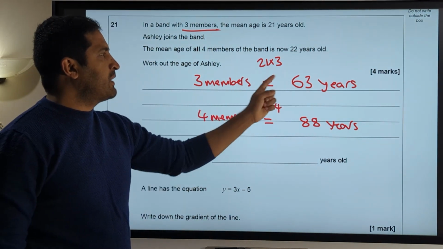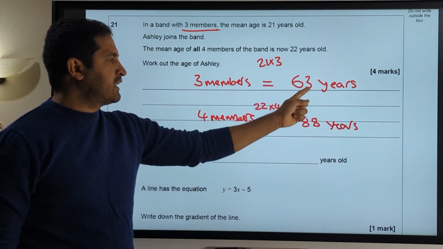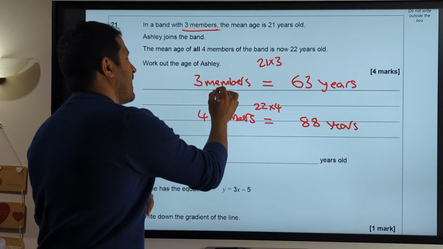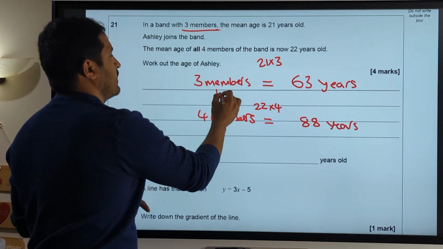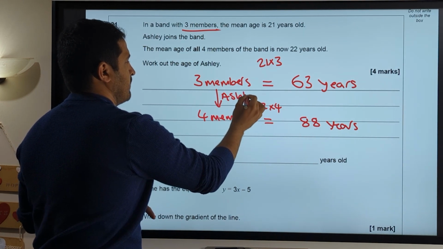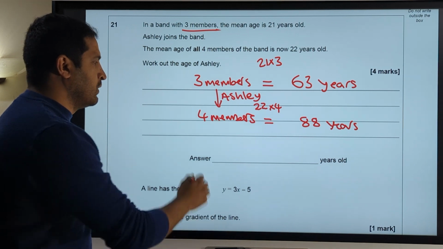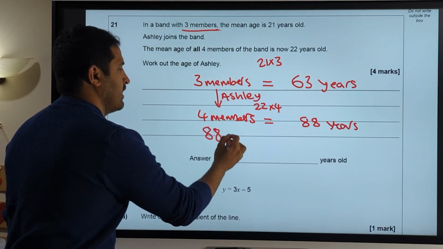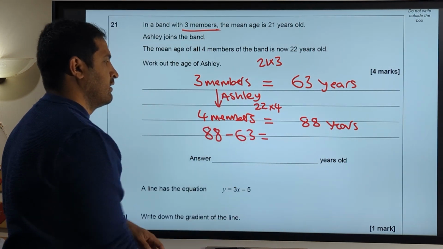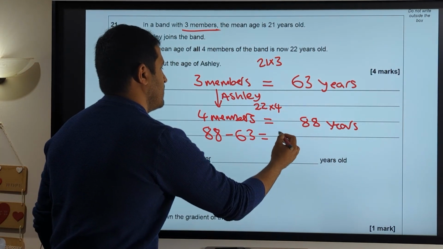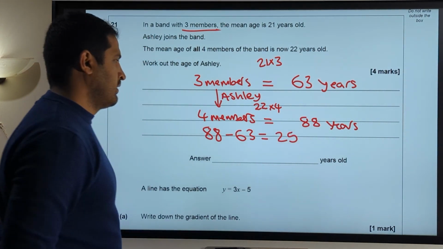So the 3 members' ages add up to 63, the 4 members' ages add up to 88. So this happens after who joins? Ashley. So the age of Ashley is going to be the gap between those two, which is 88 take away 63. Put that in the calculator and it gives me 25.